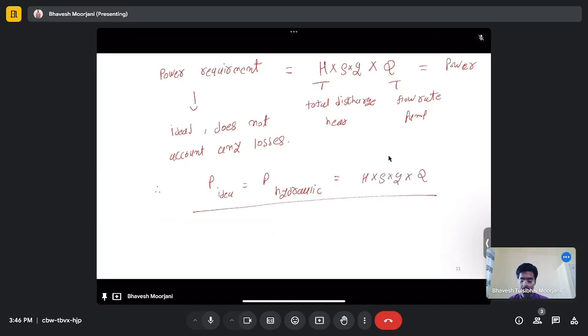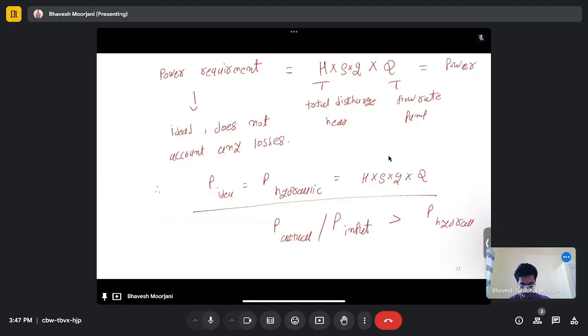So this is the power required considering there are no losses, everything has 100% efficiency, pump, motor, there are no friction losses. But in actuality, the power consumption, P actual, or you can refer to it as P input, is greater than the P hydraulic.